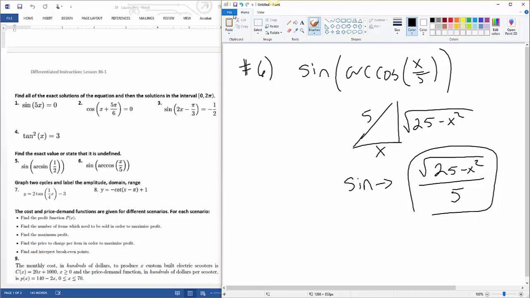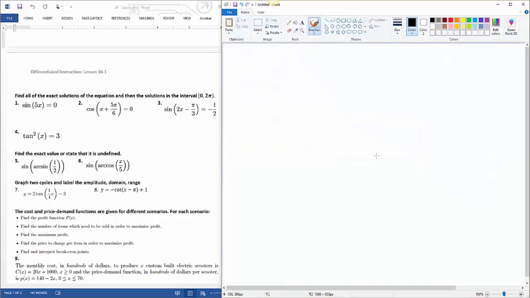Let's see, number 8. Graph 2 cycles. I'm only going to graph 1. I'll let you guys finish the rest. But it says negative cotangent of x minus pi plus 1.